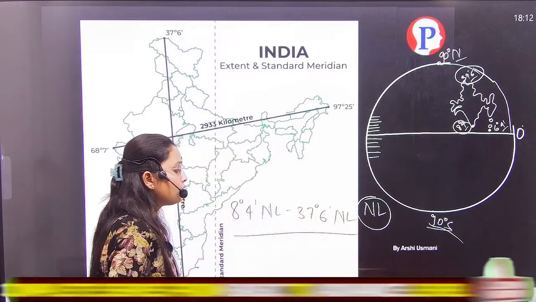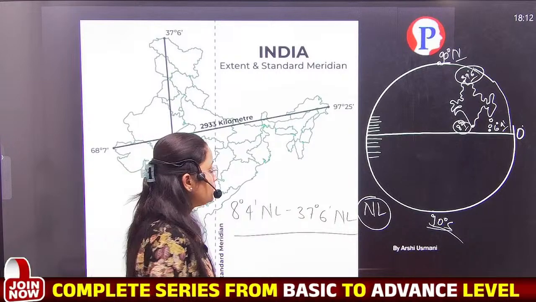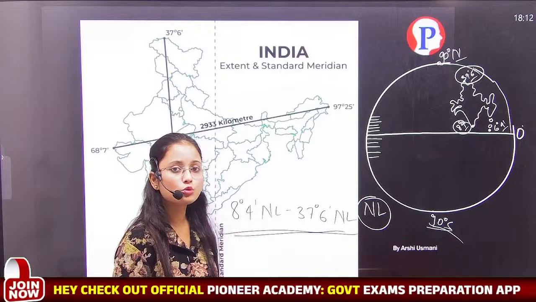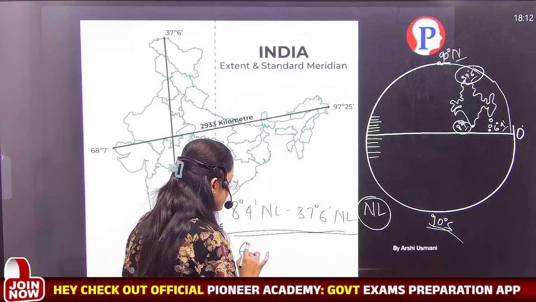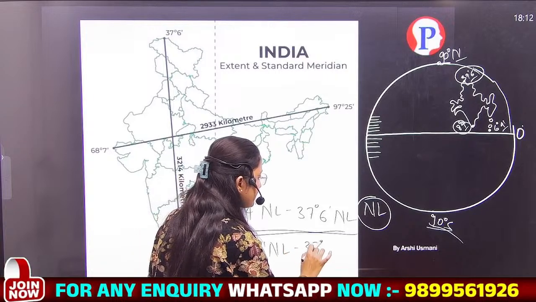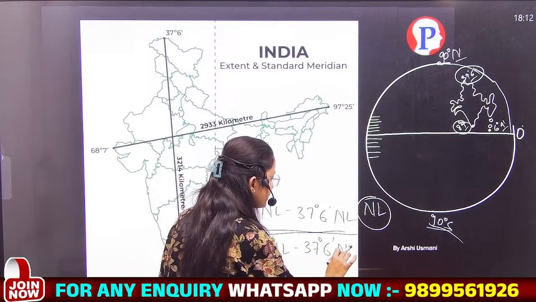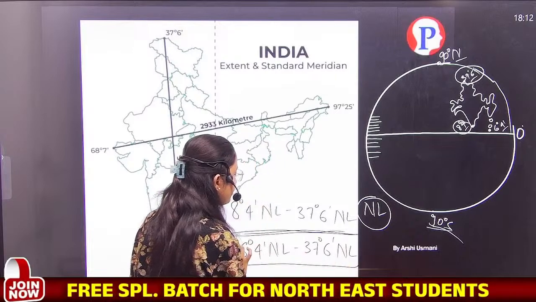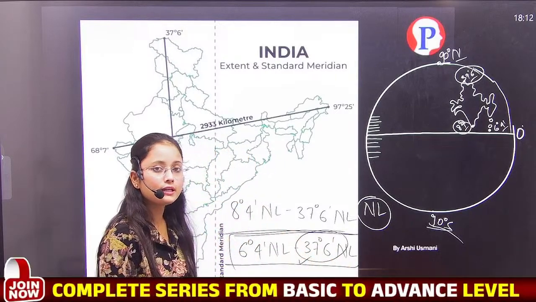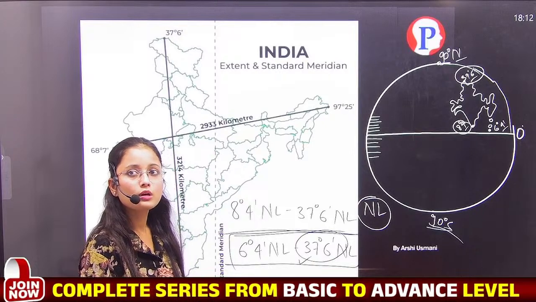But when the examiner asks what is the latitudinal extension of overall India, you will have to answer 6 degree 4 minute northern latitude to 37 degree 6 minute northern latitude, because we have only one northern point, so it will always be 37 degree 6 minute.